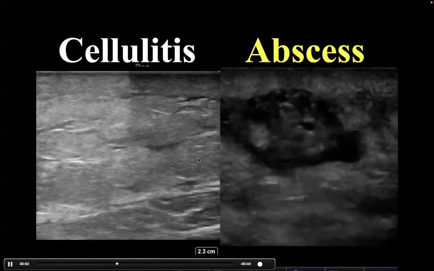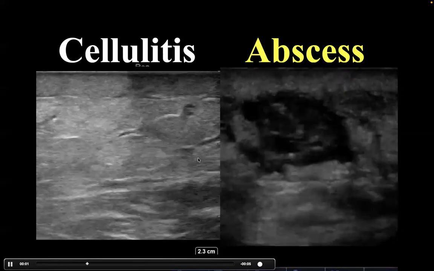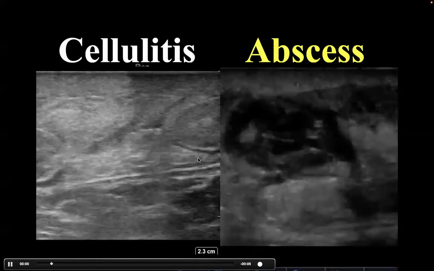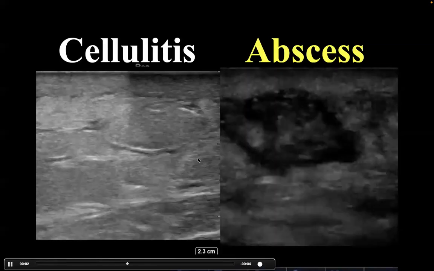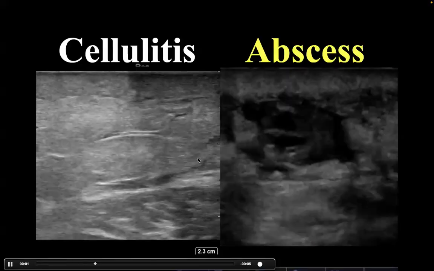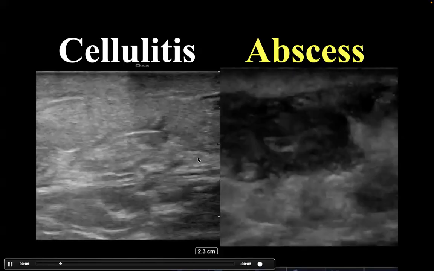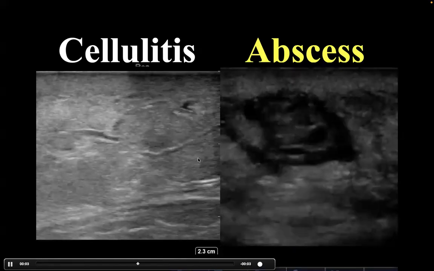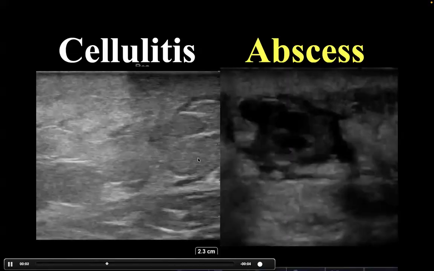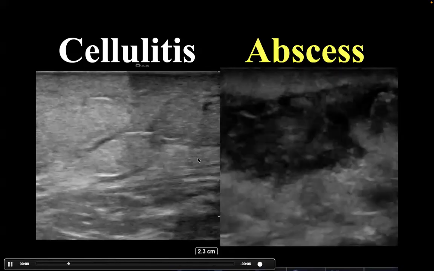There are also other states that can cause it, for example, whenever there is swelling or fluid in the soft tissue space, like venous stasis or lymphedema. So always use your clinical exam and clinical history. But an abscess is really quite different from this cellulitis example.